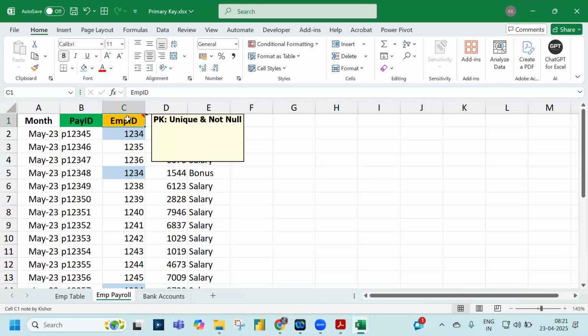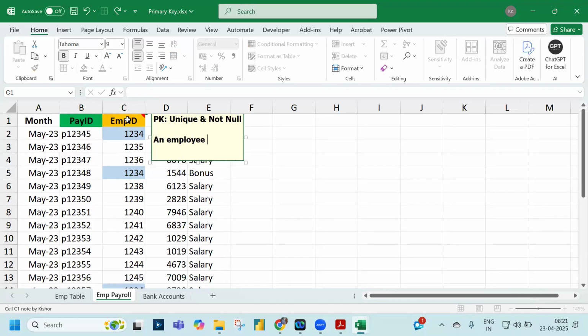If I mark this as a primary key, you know what will happen there? In the entire career, an employee gets the salary only once. Is it fine?